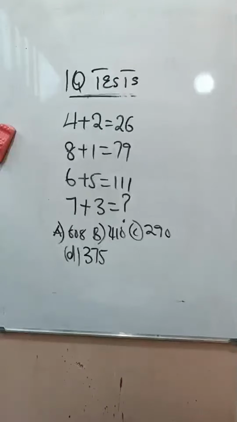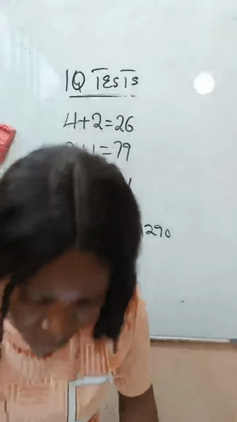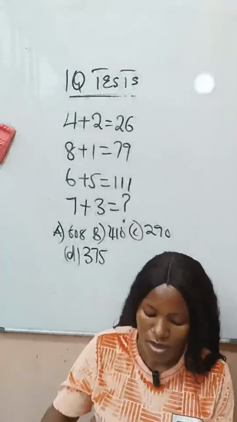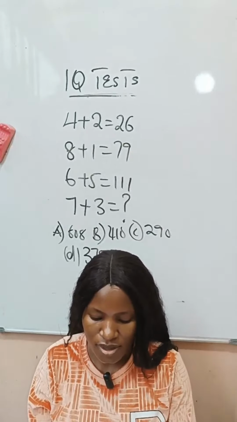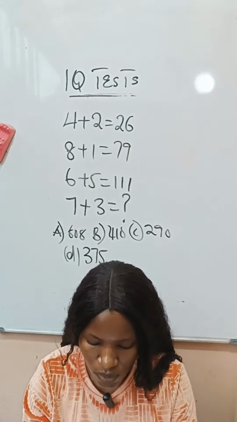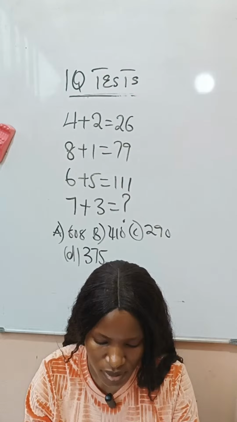I'm waiting for more answers. If 4 plus 2 is 26, 8 plus 1 is 79, 6 plus 5 is 111, what is 7 plus 3?